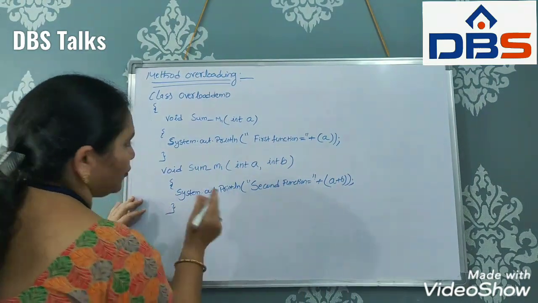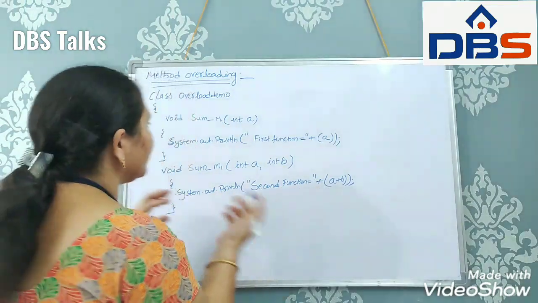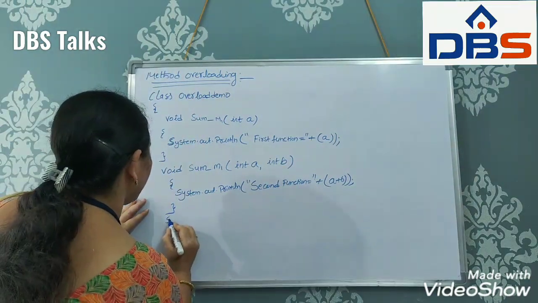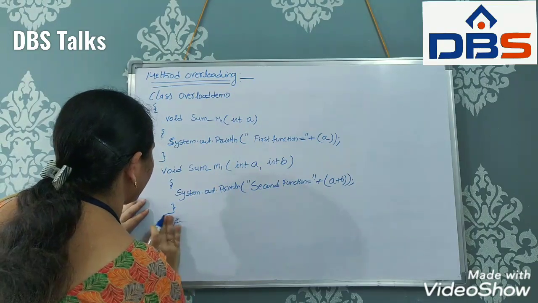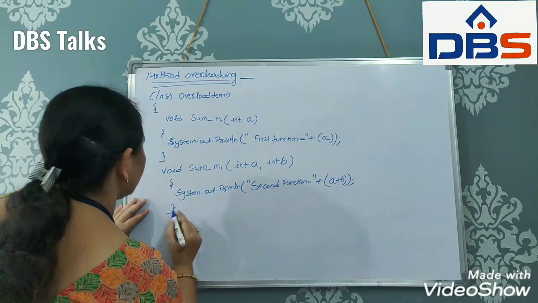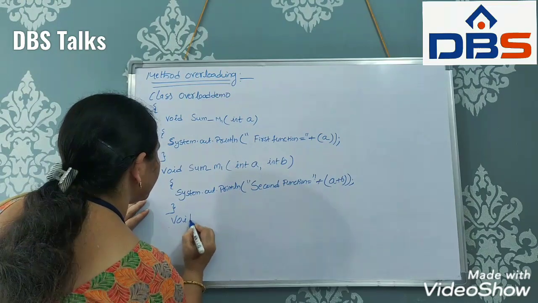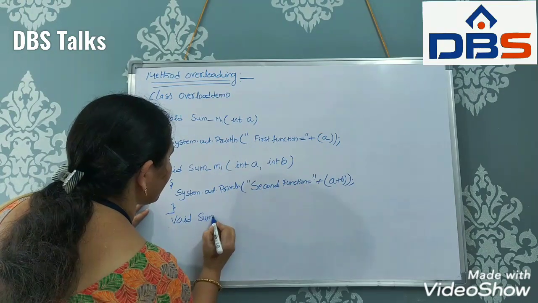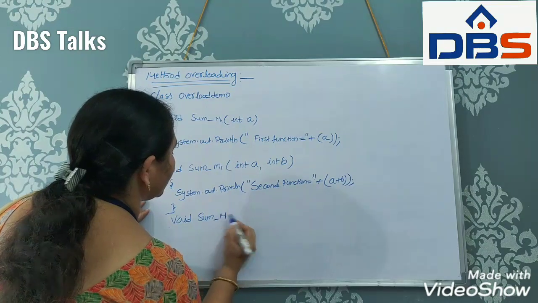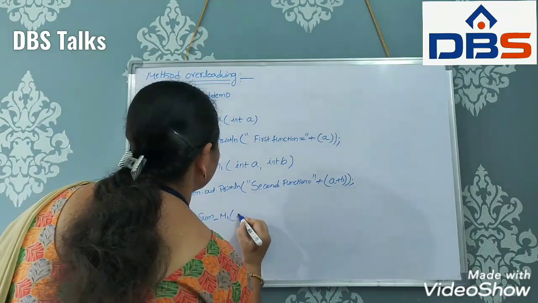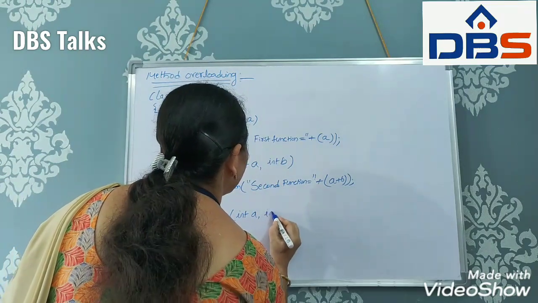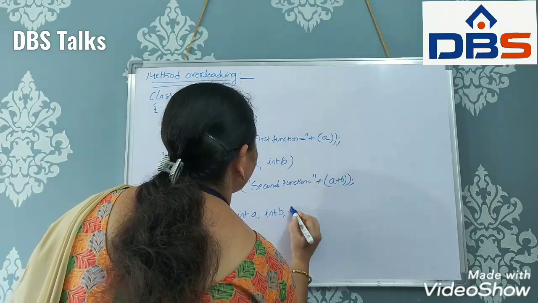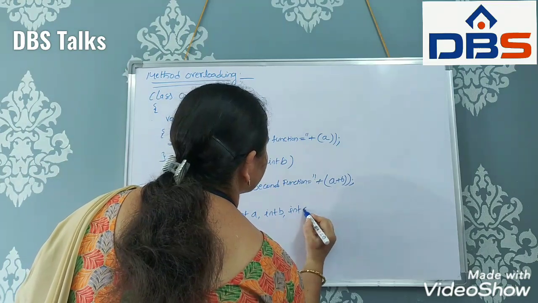The third, I am using three different methods in this example. Void sum_m1 int a, int b, int c.